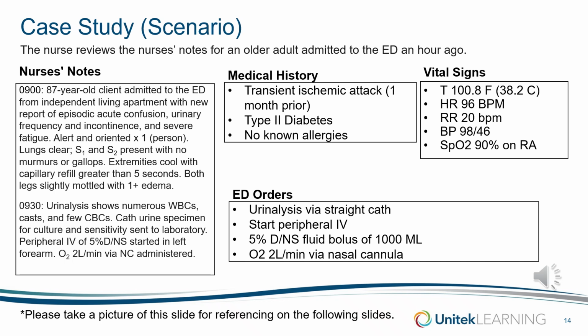Our urinalysis has reports listed showing numerous white blood cells, casts, a few red blood cells, and a culture has been sent to the laboratory for further study. IV fluids have been started, and the patient has been placed on the nasal cannula and the oxygen.